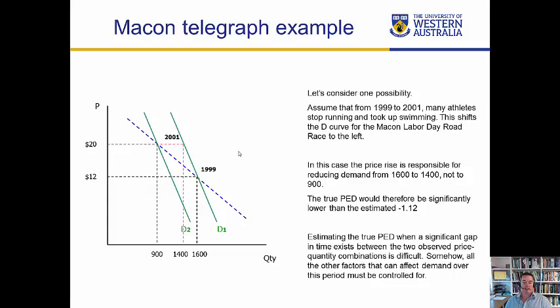So I've just kept things nice and simple and drawn the demand curves assuming that I know what they look like, which is a heroic assumption. But the way I've drawn it, I've got the increase in the price causing a 200 unit reduction and the leftward shift in the demand curve causing a 500 unit reduction.